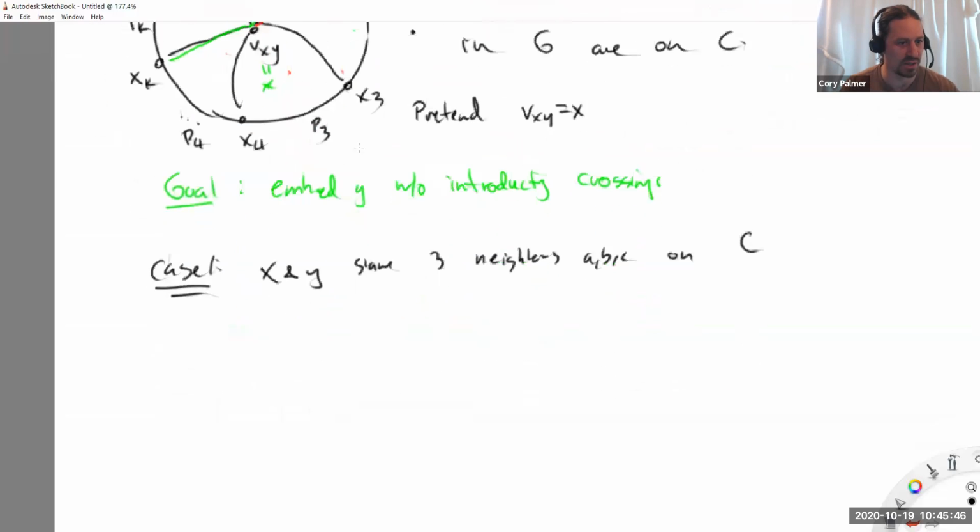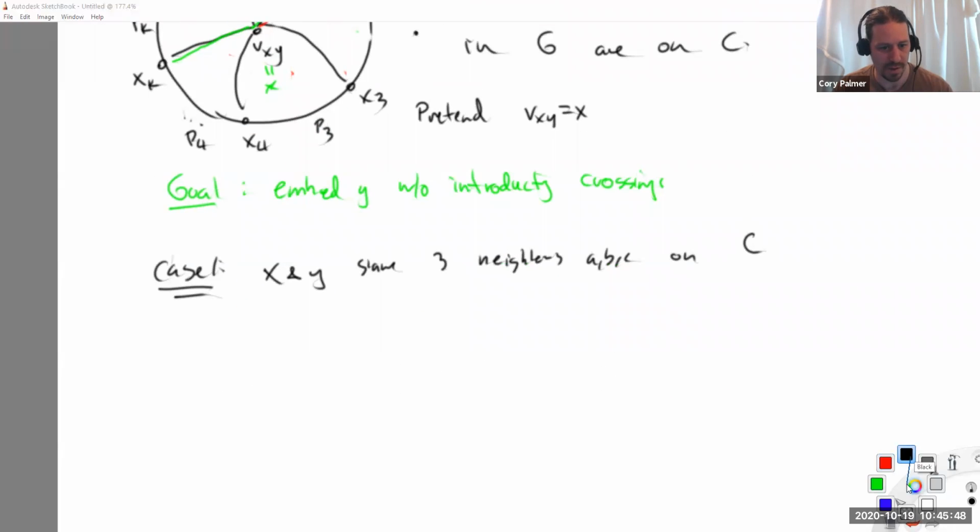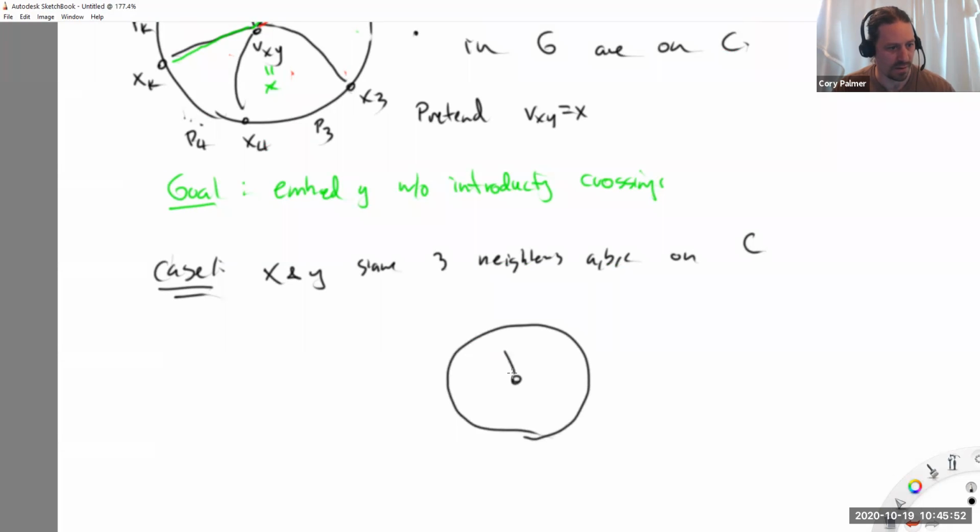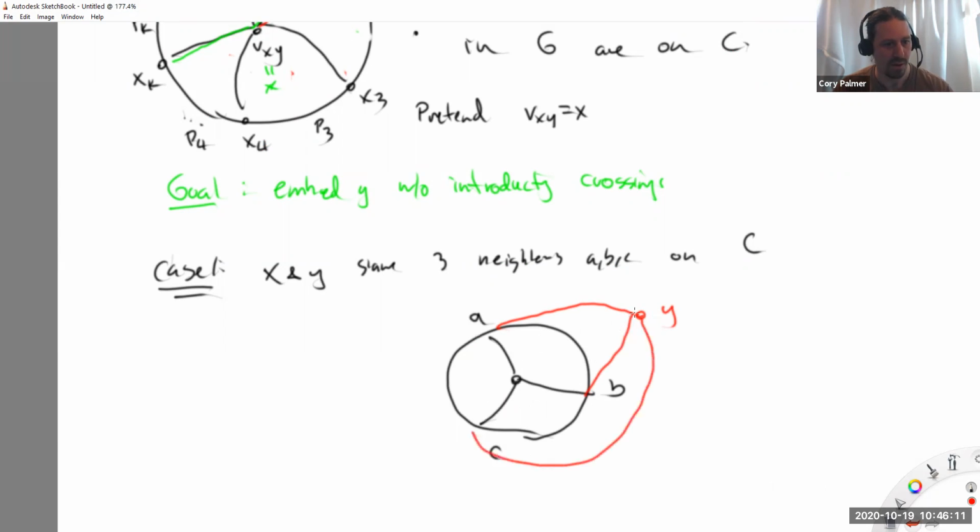For each of these proofs, I'm just going to draw up the picture again. So here's X. It's got 3 neighbors, A, B, C. It has more neighbors, but it definitely has A, B, C. And let's say there's Y. I'm not claiming that what I'm drawing here is planar, because it can't be, but I know this part's planar so far. And here's Y, and it's also adjacent to A, B, and C. Y is also adjacent to X, right?